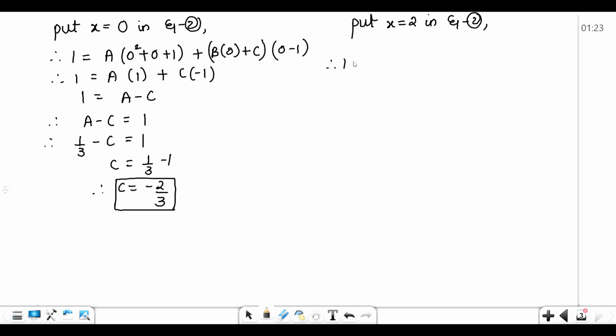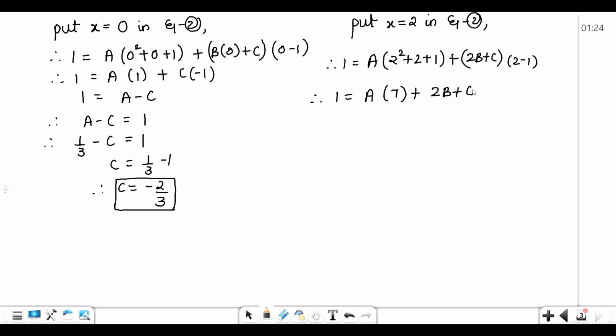So this will be equal to 1 is equal to a 2 square plus 2 plus 1 plus 2b plus c multiplied with 2 minus 1. So 1 is equal to a 2 square is 4, 4 plus 2 6, 6 plus 1 7 plus 2b plus c, and 2 minus 1 will become 1.